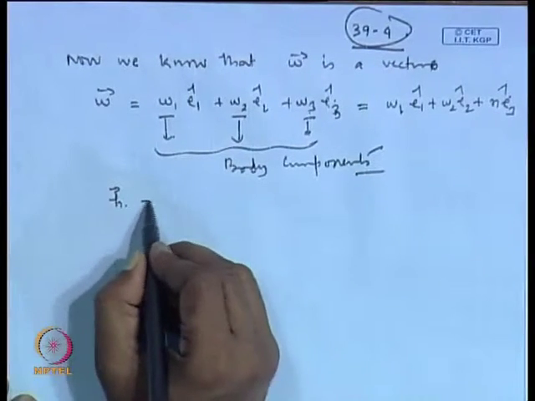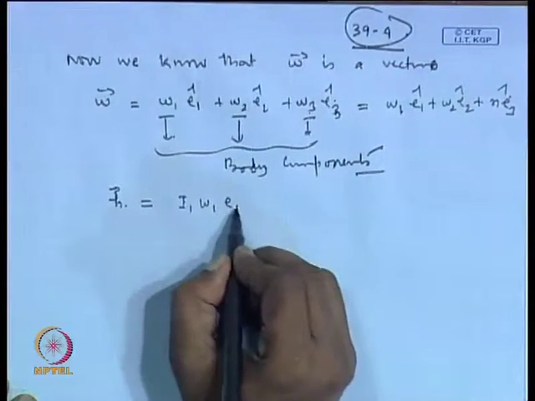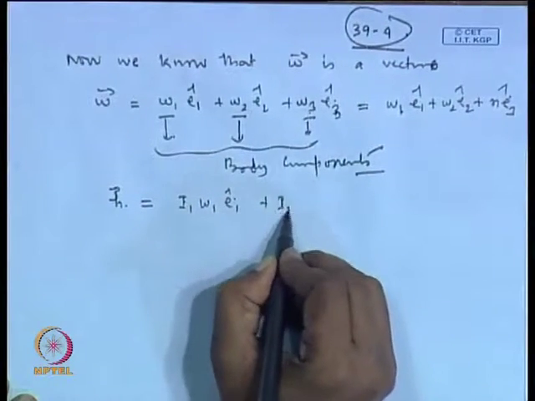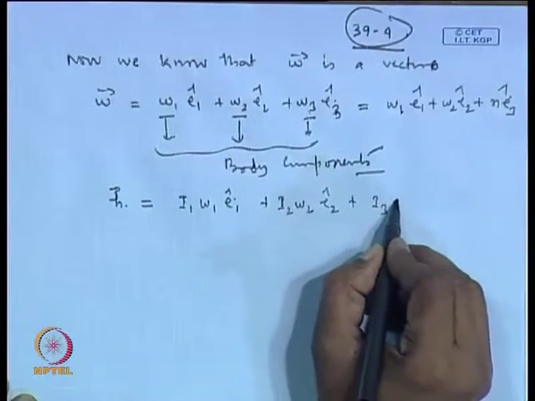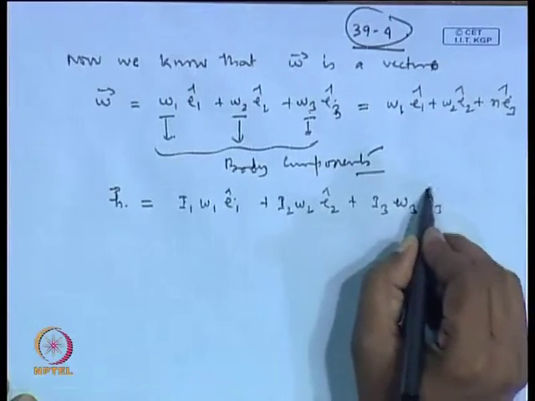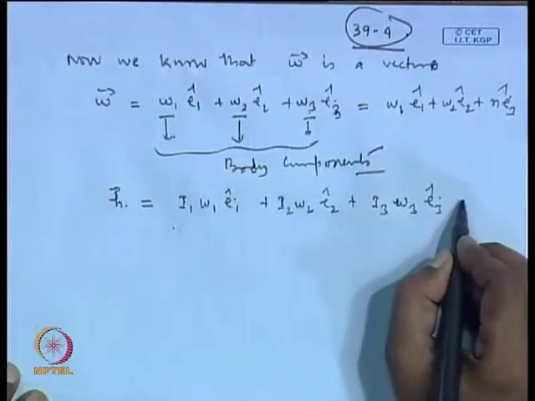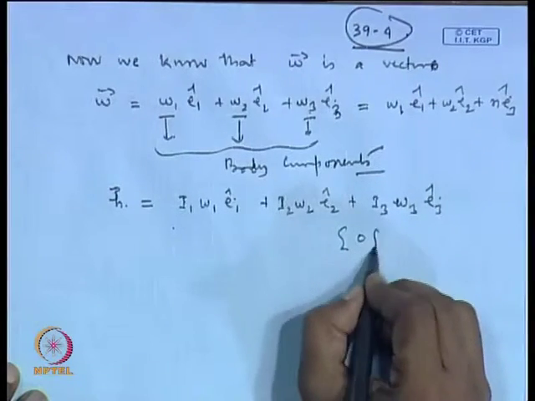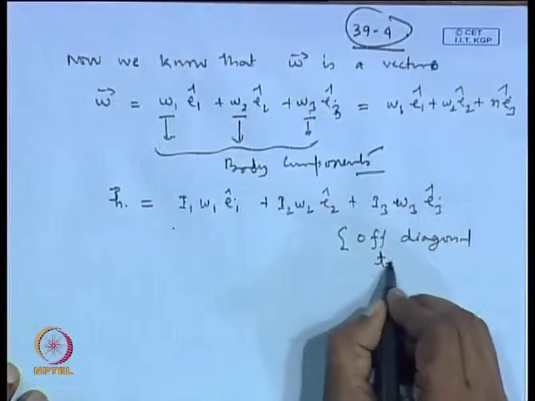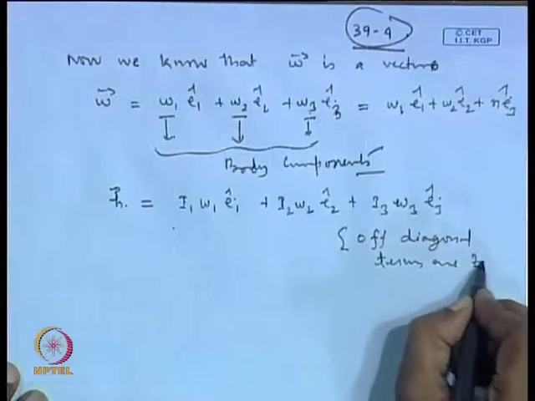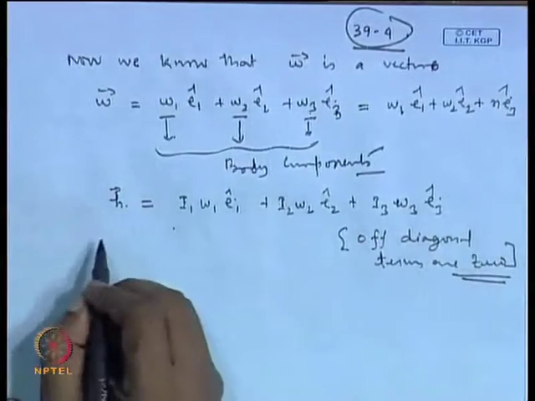Now, the angular momentum we can write as I 1 omega 1 E 1 plus I 2 omega 2 E 2 plus I 3 omega 3 E 3. Okay. We have written this with the off diagonal terms being 0.